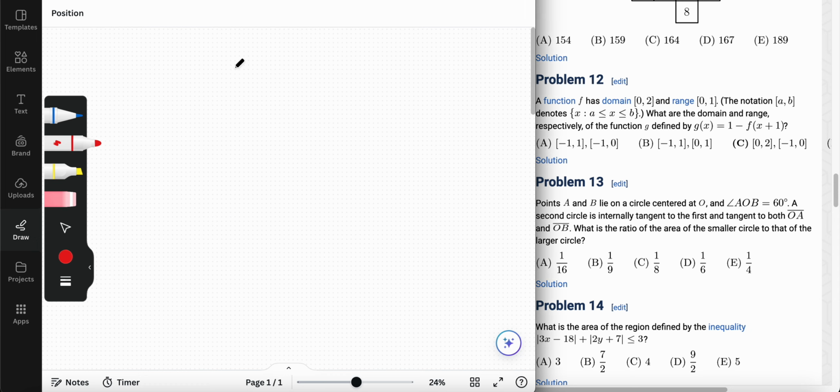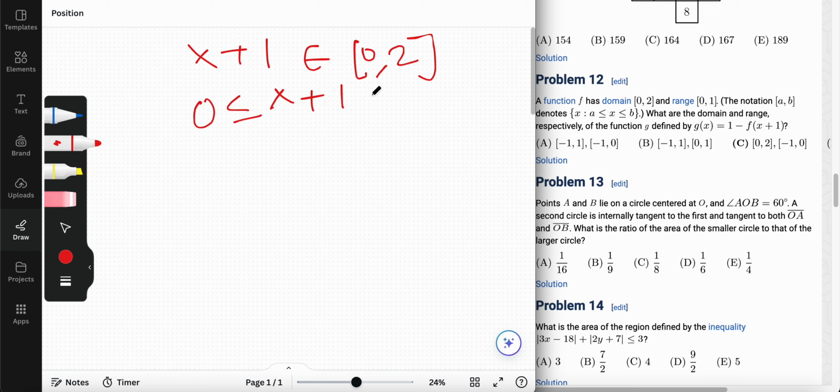Okay, so x plus 1 has to be between 0 and 2, right? Yeah, I think x plus 1 should be between 0 and 2. So we can say that 0 is less than or equal to x plus 1, which is less than or equal to 2.